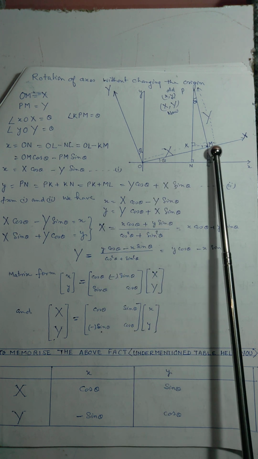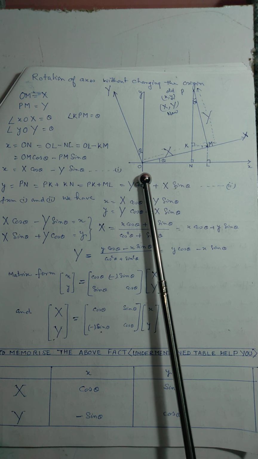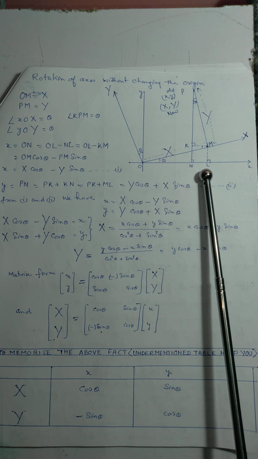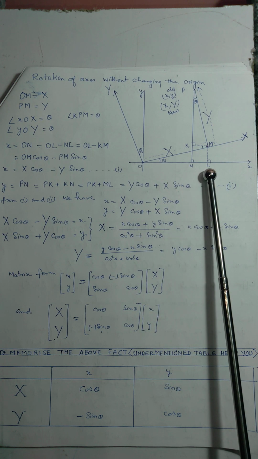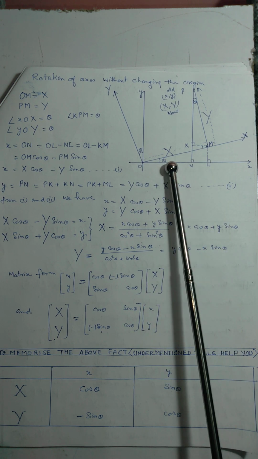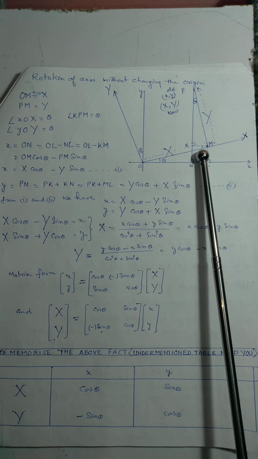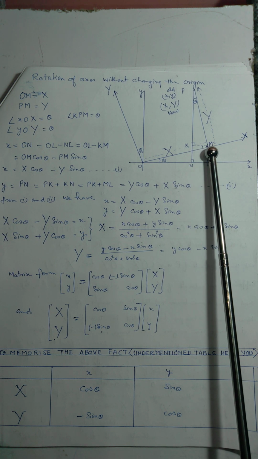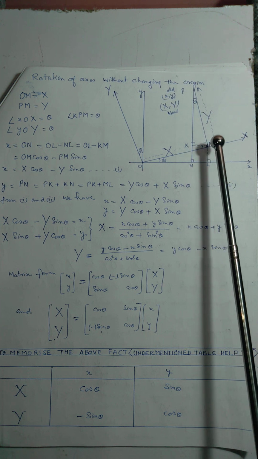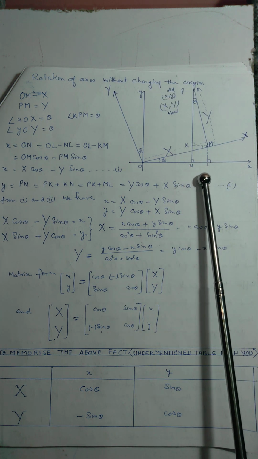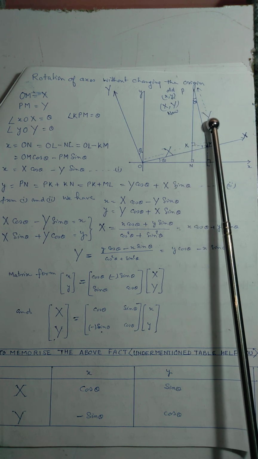Now OL will be equal to OM cos theta, and NL is equal to KM, and KM is equal to PM sine theta.